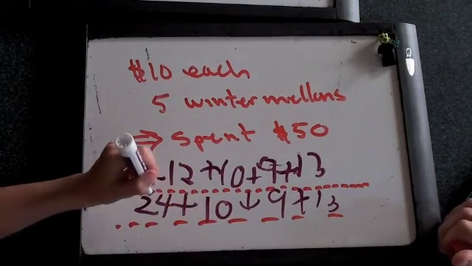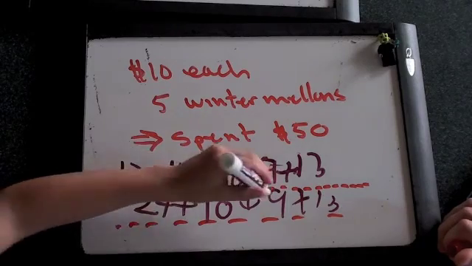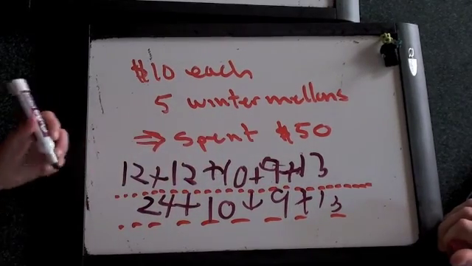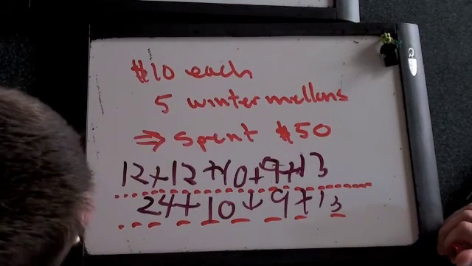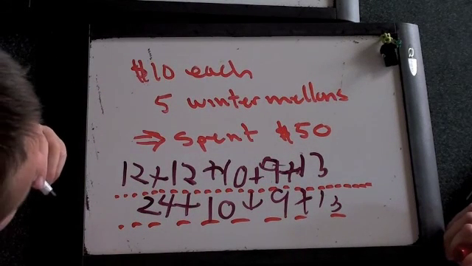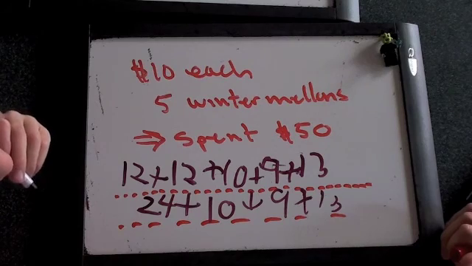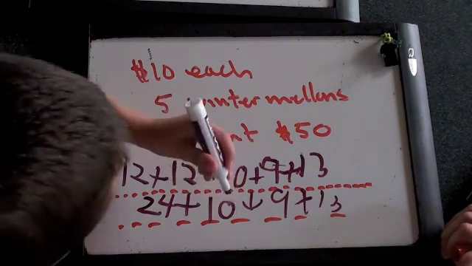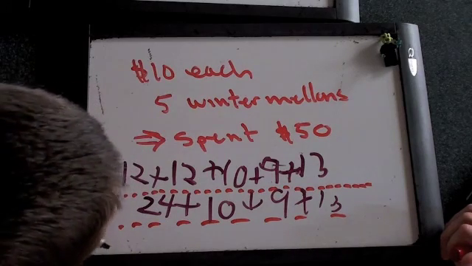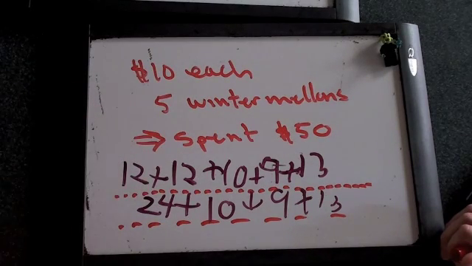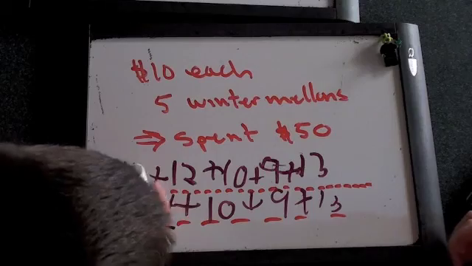So 24 plus 10 is 34. So 34 plus 9 is 43. Right? Yep, 43. And then 13. Our answer is 56.